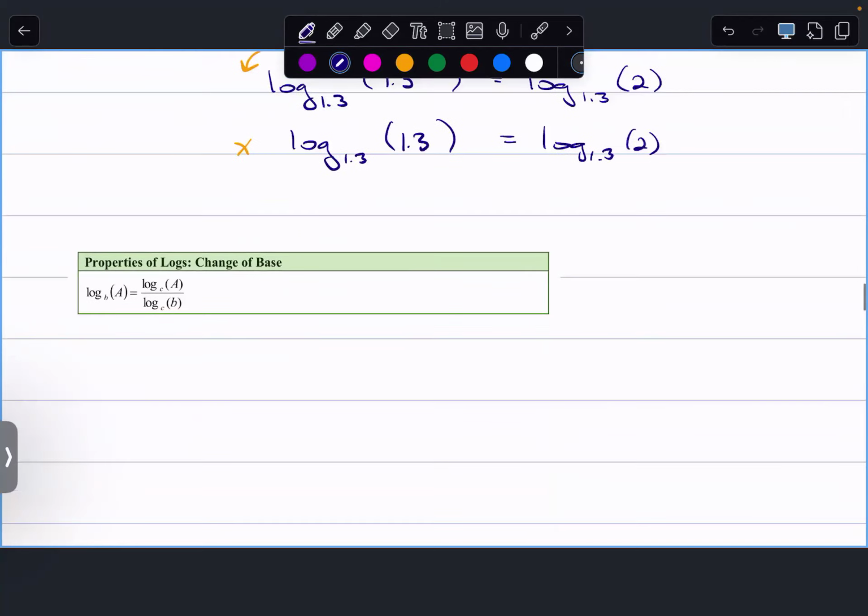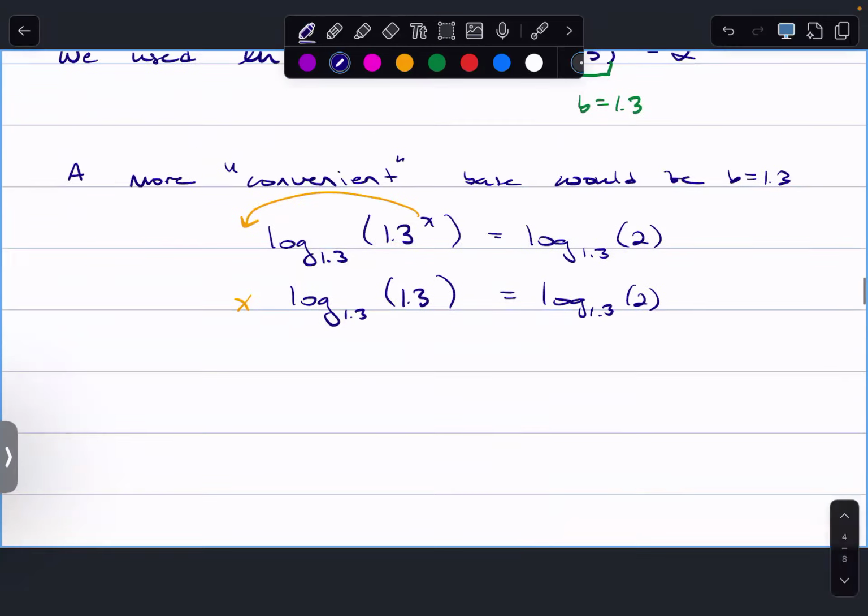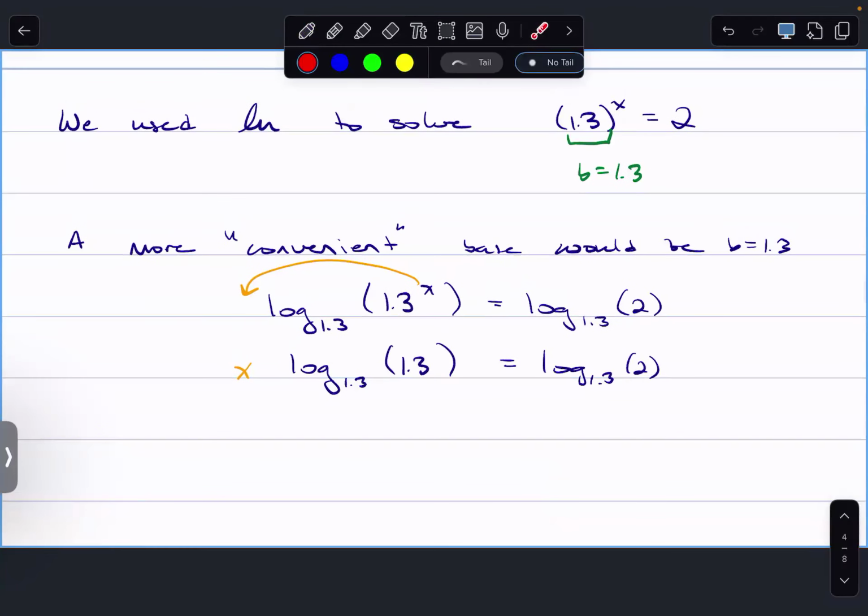I chuckle every time. Log base 1.3. But why is this a more convenient base? Because log base 1.3 of 1.3 tells me that 1.3 to the power of something has to equal 1.3. Well, that's just 1.